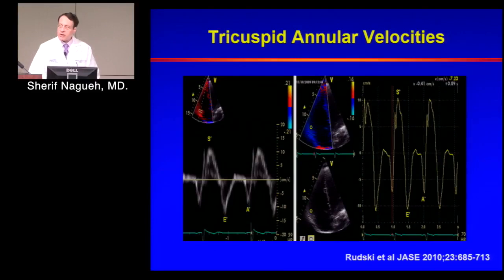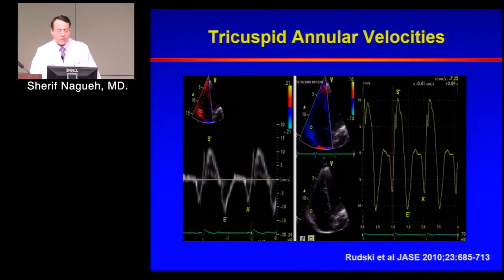Then it's normal, because the true value will be higher than that. So we talked about technical challenges for this signal. Then there are real problems where even though I placed the sample correctly, and the size of the sample volume is good, I end up with a velocity that looks normal, but clearly this is a ventricle that is very abnormal in terms of the extent of its dysfunction.